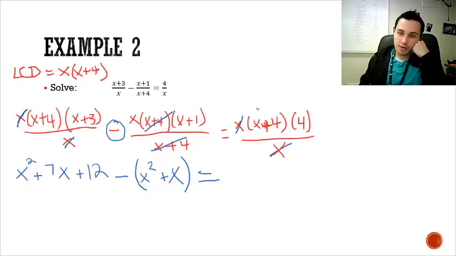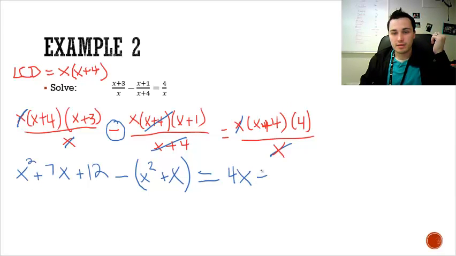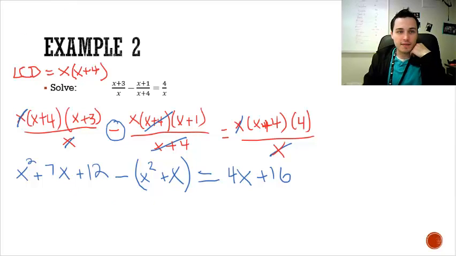And then here, the 4 just needs to distribute to the binomial, so that would be 4x and 16. Okay. Now, in distributing the negative sign there, that's a minus x squared, and this is going to change to a minus x as well.